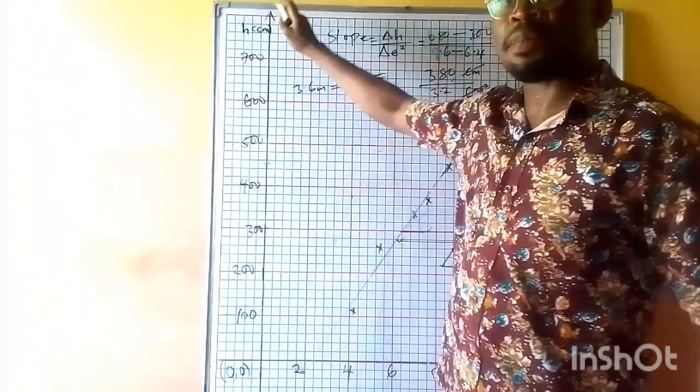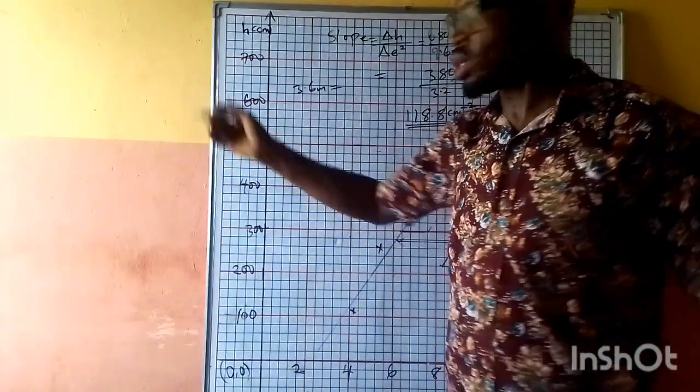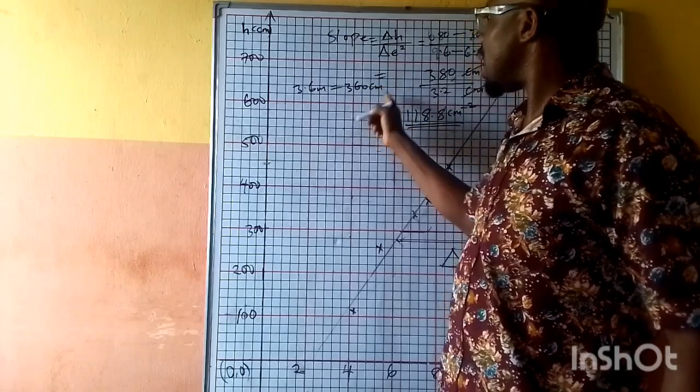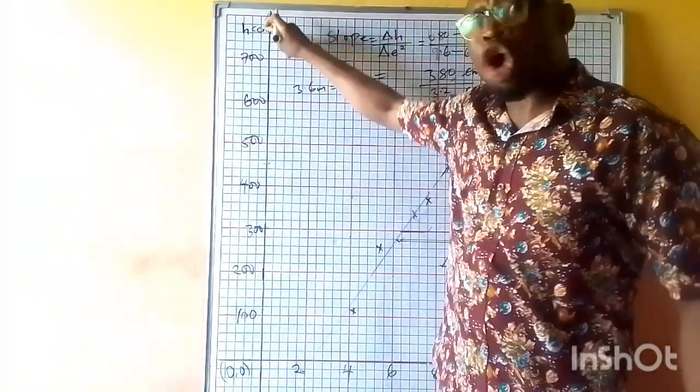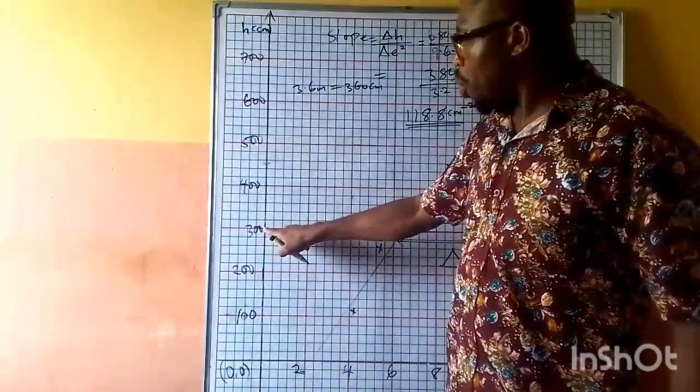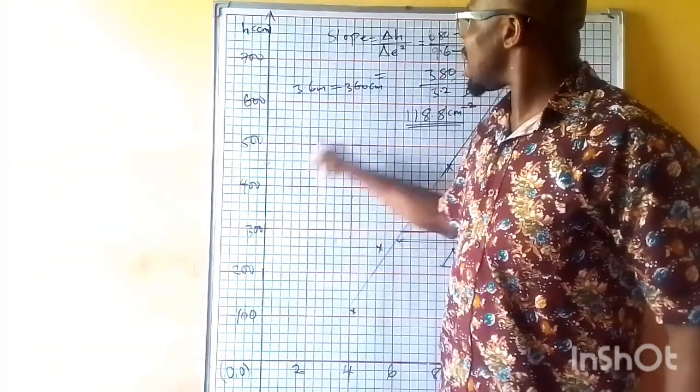If we convert our height to cm, it will give us 360 centimeters. Now, what you need to do is go to the h axis, and deduce 360 cm.